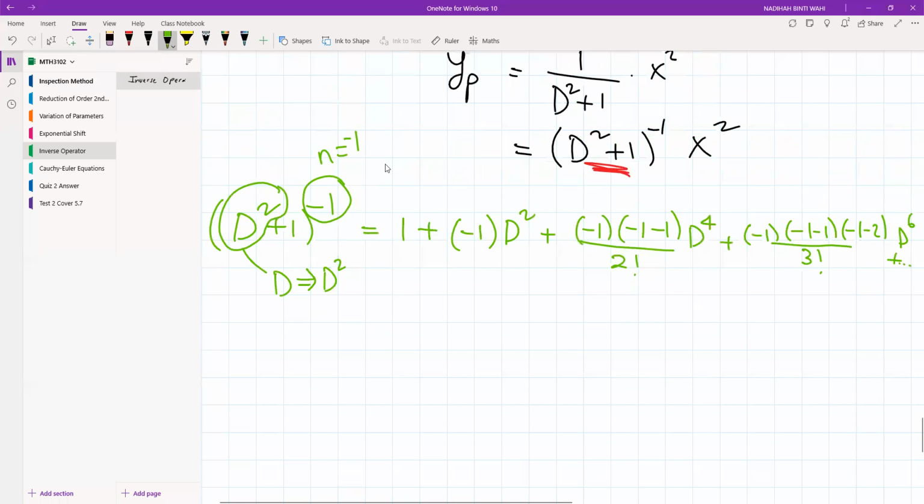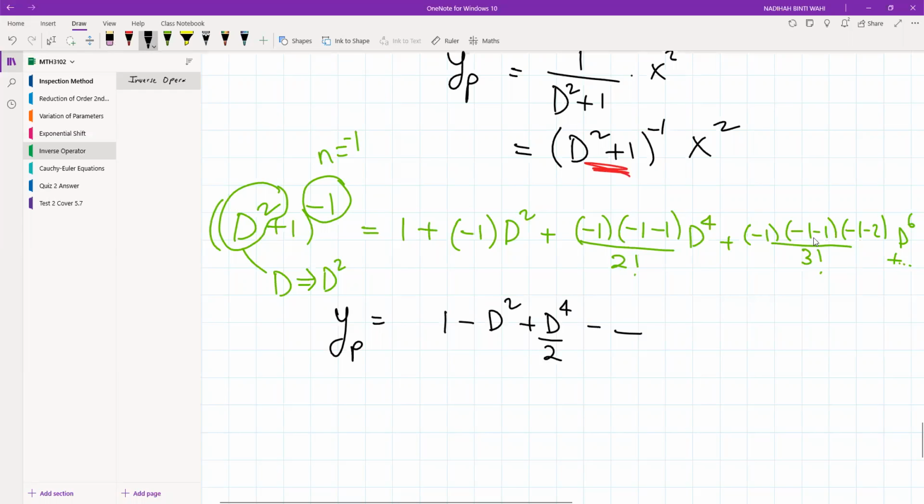Okay, so kalau saya masukkan balik, substitute into YP, so YP sama dengan 1 tolak D kuasa 2 tambah dengan D kuasa 4 per 2 tolak dengan ni sama dengan berapa ni, something like some K, tak nak guna K, saya guna.